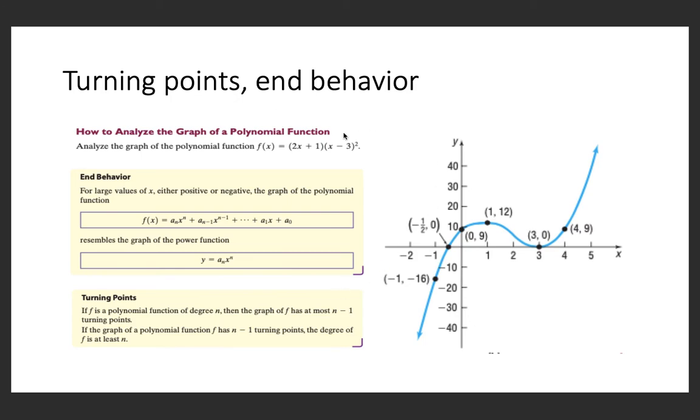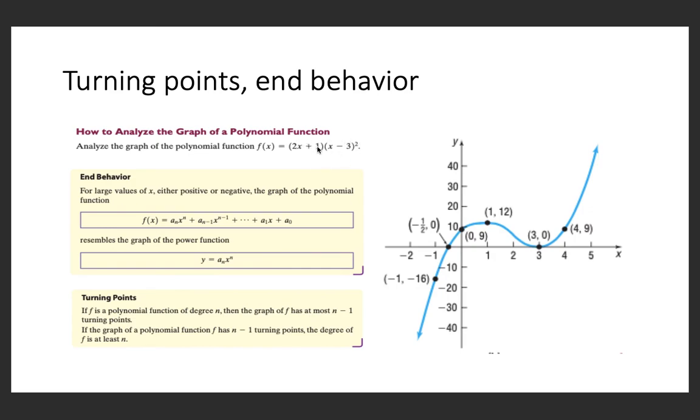This is the graph of this function. What is the degree of this question? Here the power is 2, and here the power is 1. So 2 and 1 together, the power is 3.